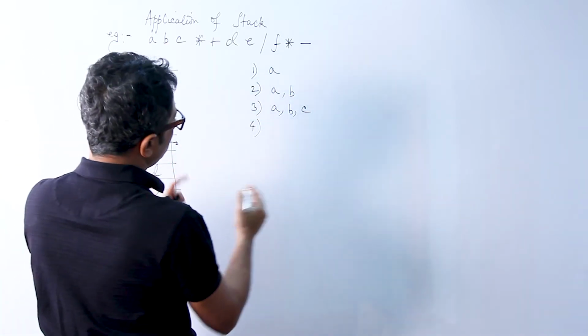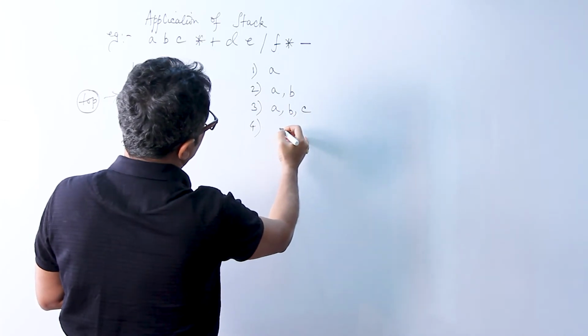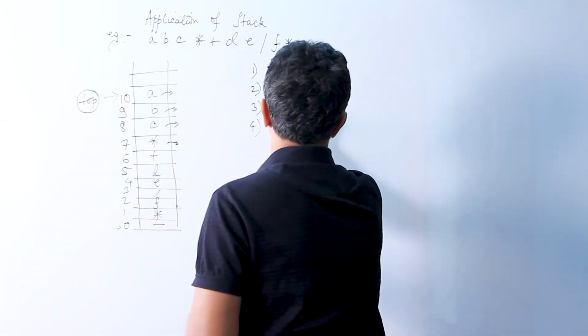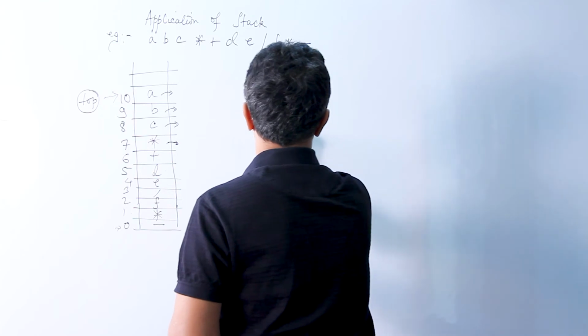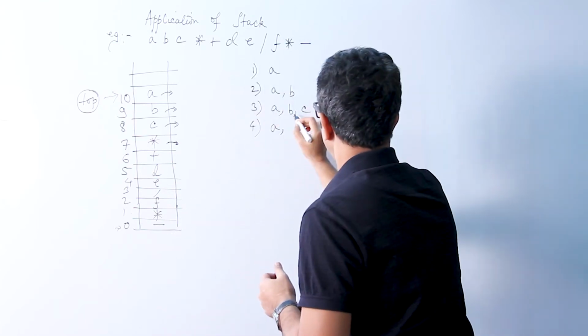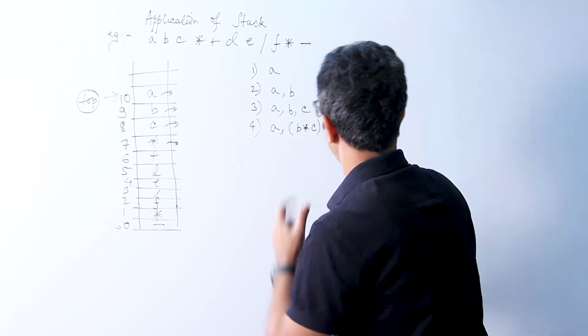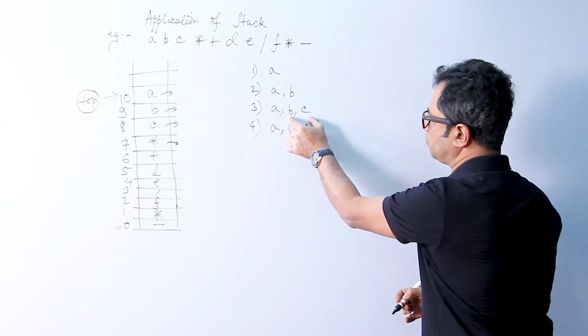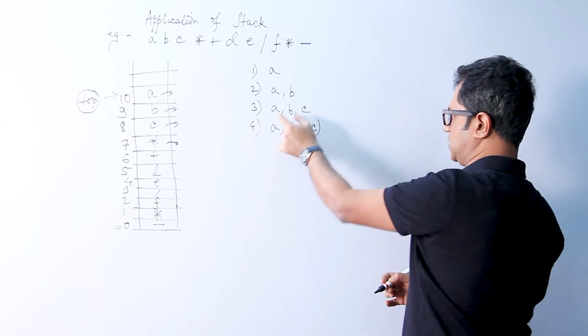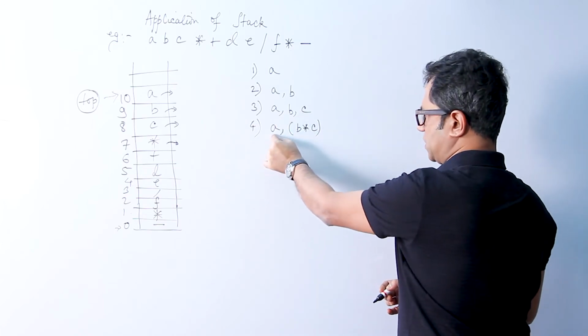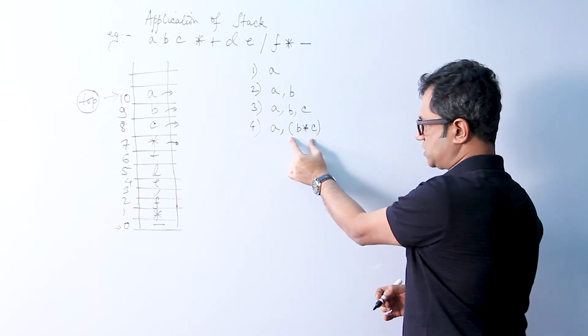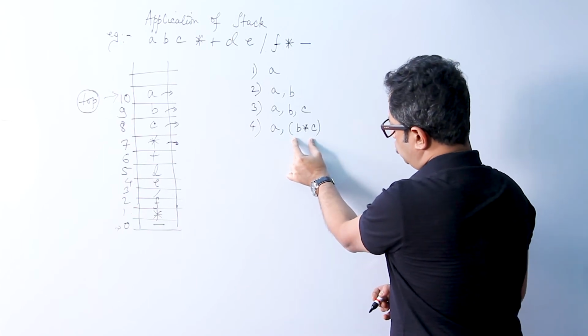So what to do? Now we will perform the operation between these two operands, that is, B star C. A will be separated from this expression B star C, which becomes 2 expressions now.